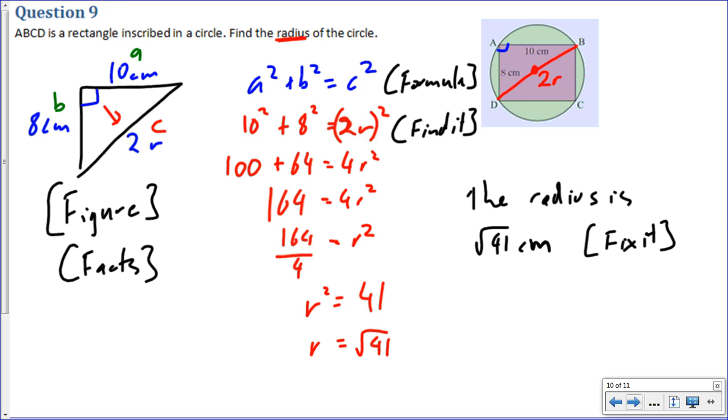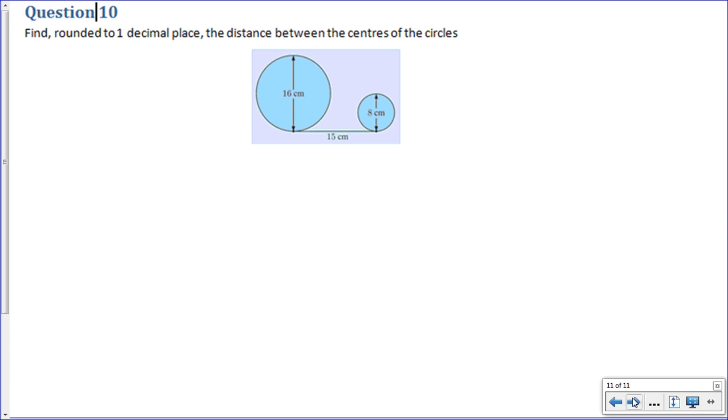Last question, question 10. So now we have to find, to one decimal place, the distance between the centres of the circles. So first thing I'm going to draw in this diagram is the distance between the two centres. So the centre down to that centre. What I need to do is set up a right angle triangle.